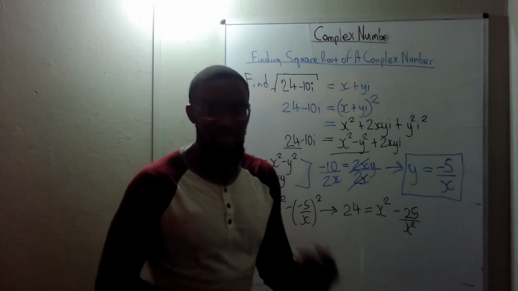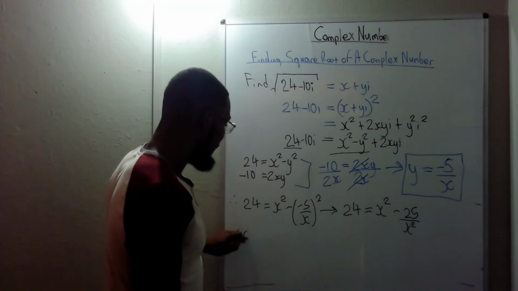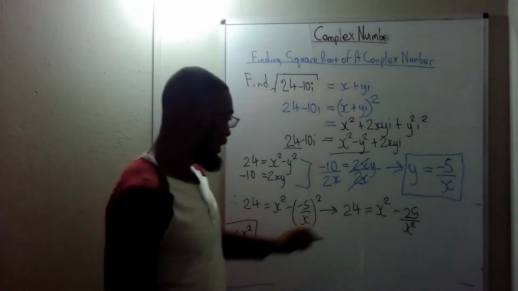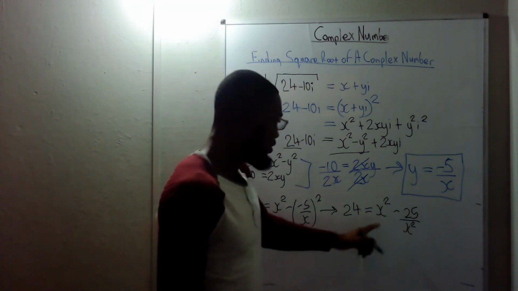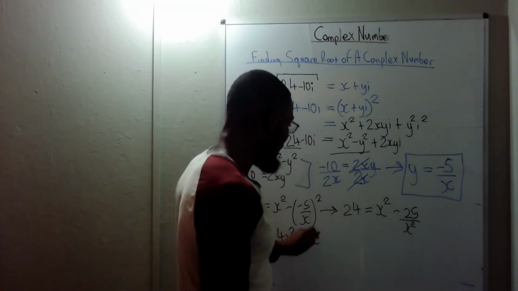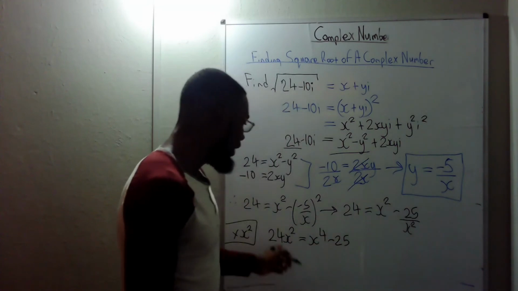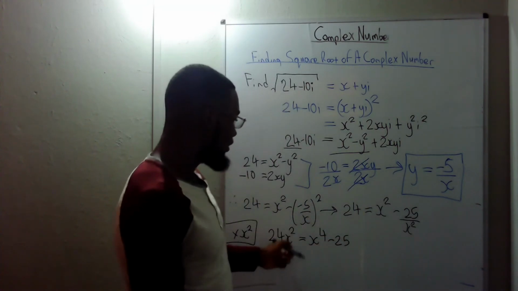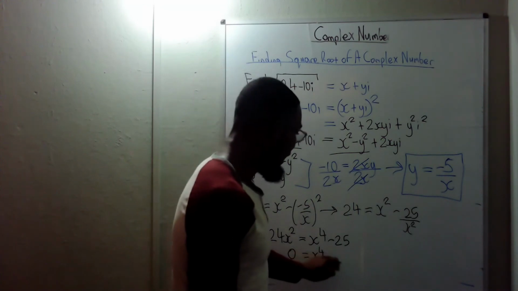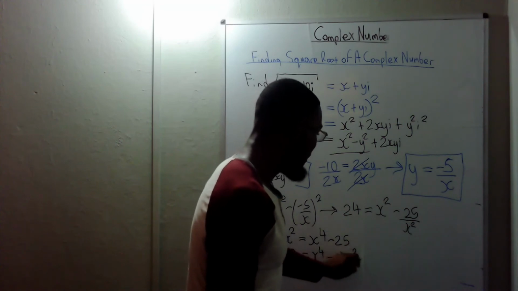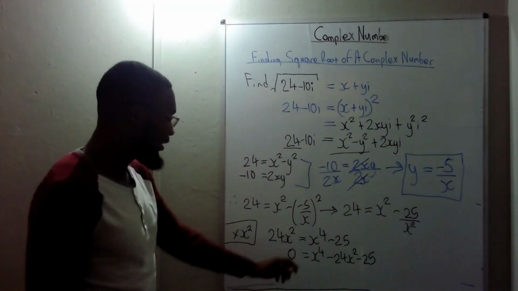It's very repetitive. We just multiply through by x squared, and we end up getting 24x squared equal to x to the 4 minus 25. Bring everything to one side: 0 is equal to x to the 4 minus 24x squared minus 25. This is our equation right here.